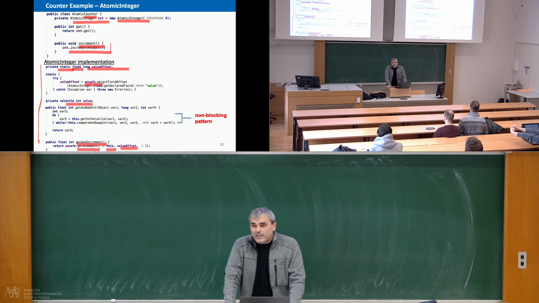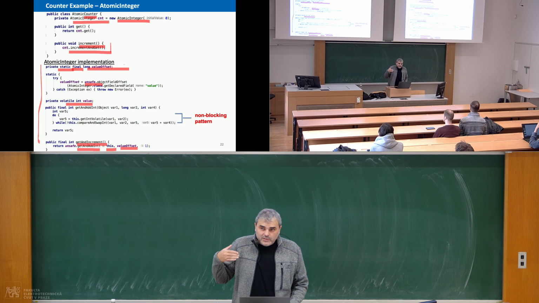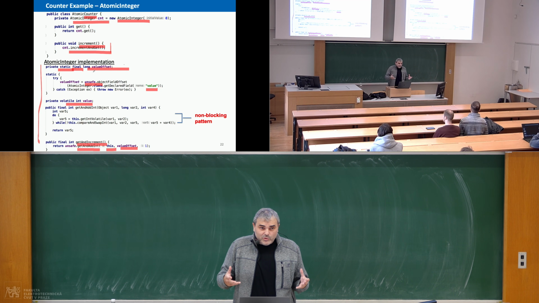Unsafe is a special way in the Java virtual machine implementation to address some system-based implementation, in this case, operations accessing specific instructions of the CPU architecture. So here it gets the offset of the value field inside this object.